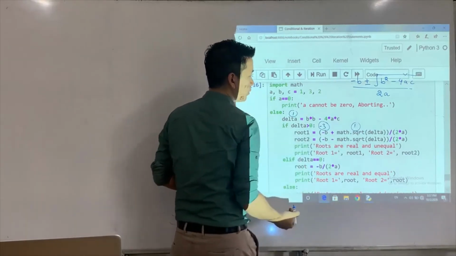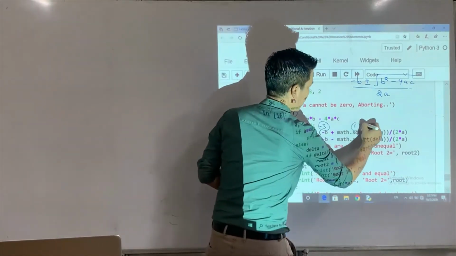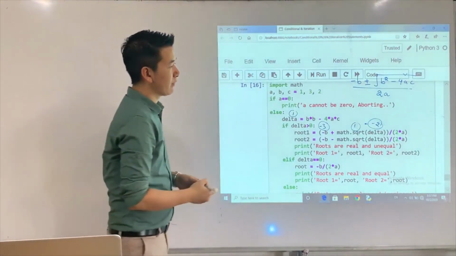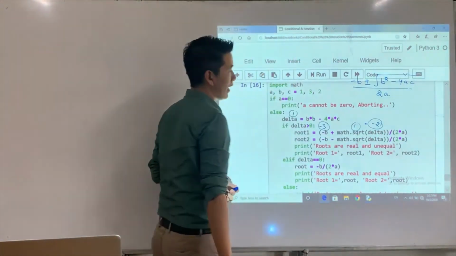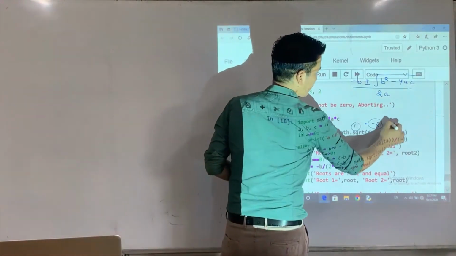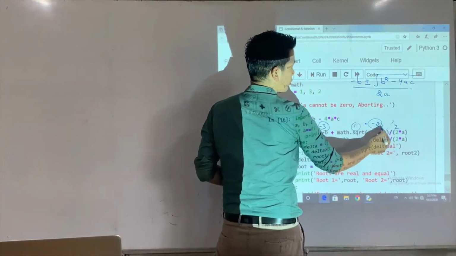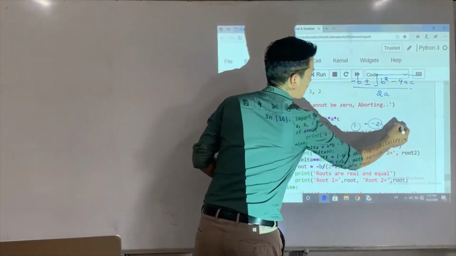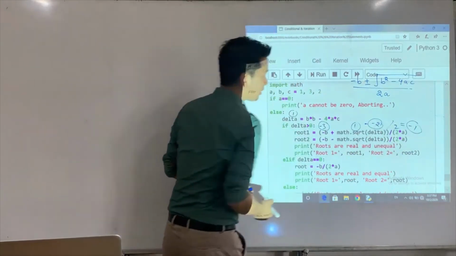So add these two, you will get the answer of minus 2, right? Minus 2 divided by 2 times a. The value of a is how much? 1. Okay, so you have divided by 2. Minus 2 divided by 2, the root 1's value should be minus 1.